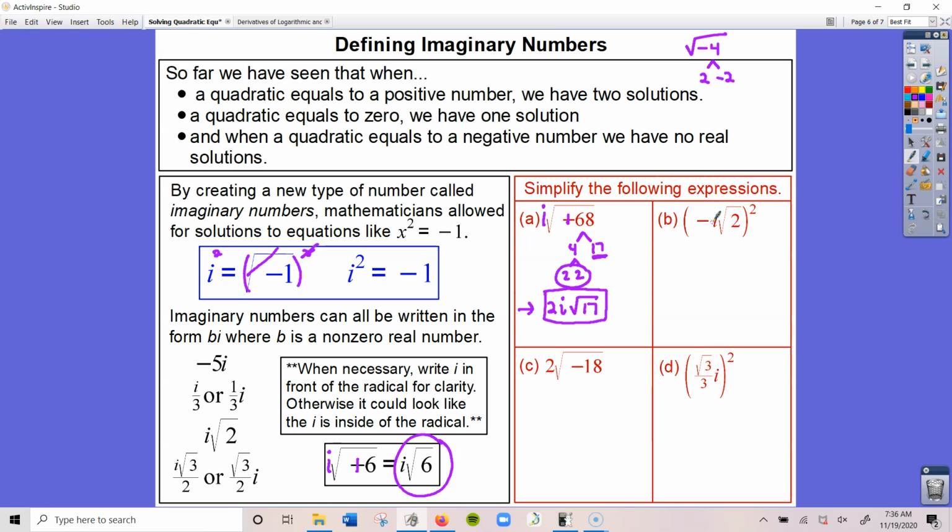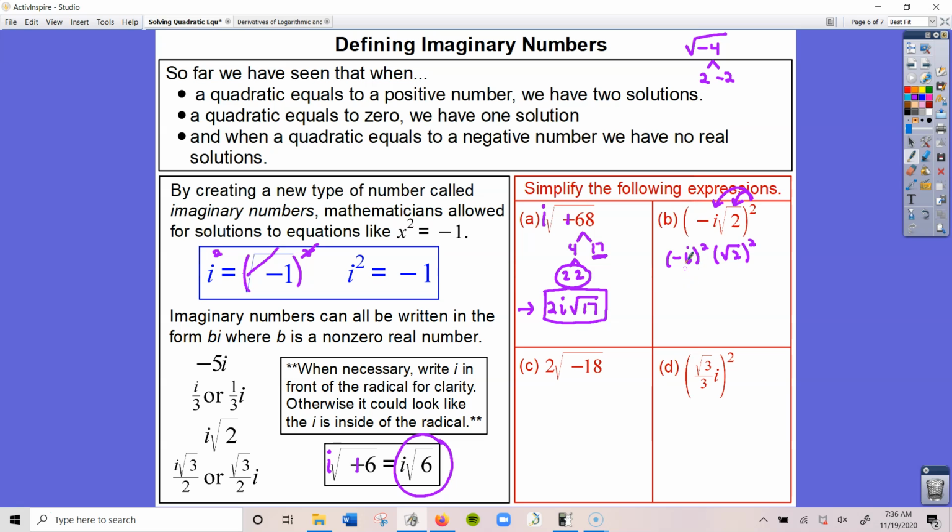Now, if you have -i square root of 2, all squared, this is a monomial, meaning one term. So what we can do is just distribute the exponent to both parts of this term. This is like saying -i squared times the square root of 2 squared. When you square any negative number, it makes it positive.